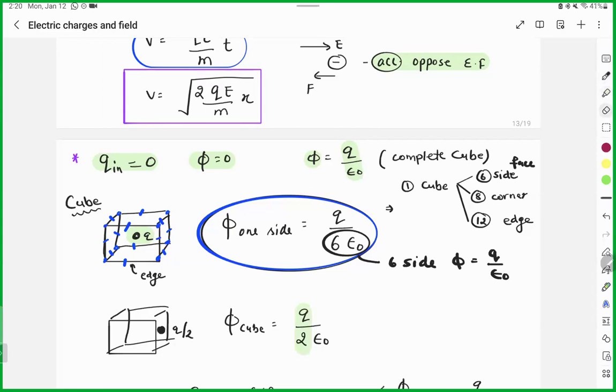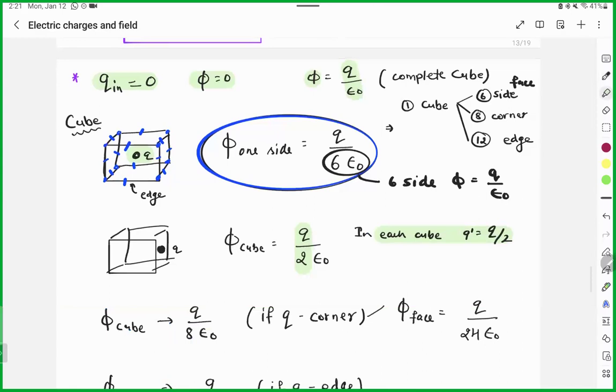But in reality, it is q only. The amount of charge responsible for electric flux in one cube is q by two. In each cube, the charge distributed will be q by two. This is important. Understood, guys?